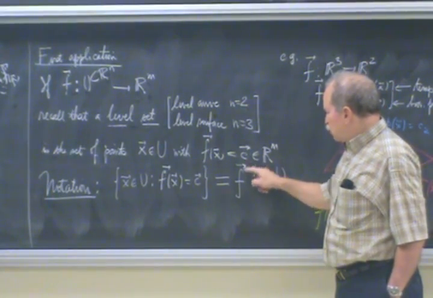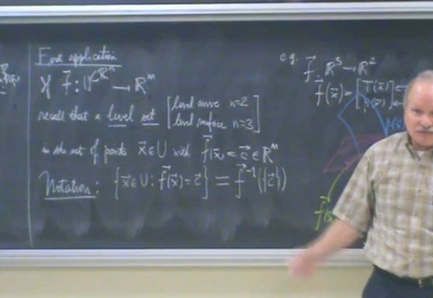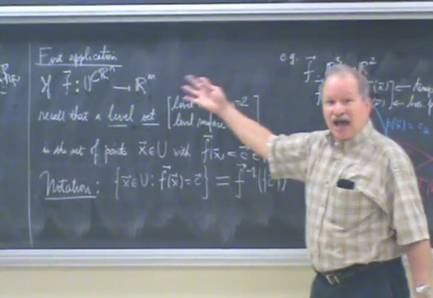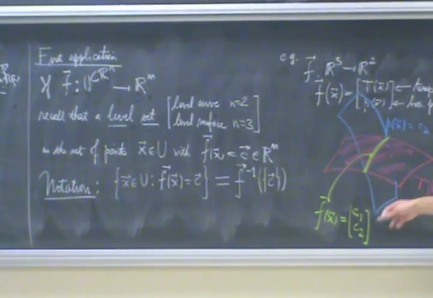So what notation have you seen this in? In what context have you seen this notation before? Even in this class? Inverse function. You're going to complain to me that this function doesn't have an inverse. Right? Because here's a whole curve where the function equals C1, C2.